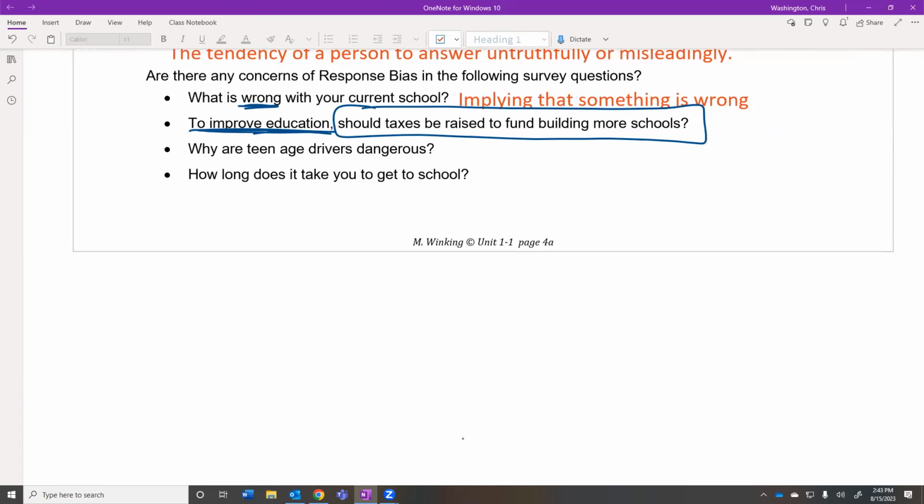But what is this question trying to get me to do? It's trying to get me to come up with reasons that teenage drivers are dangerous. But what is it implying? This question is implying that all teenage drivers are dangerous, which might not be the case.